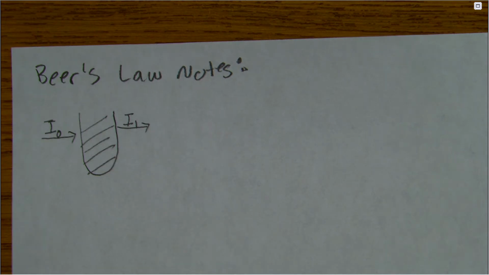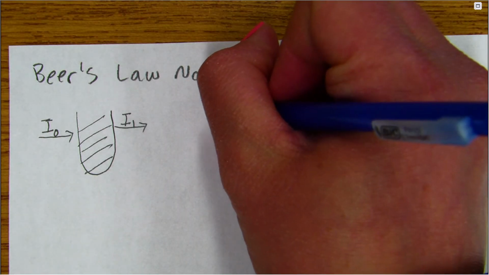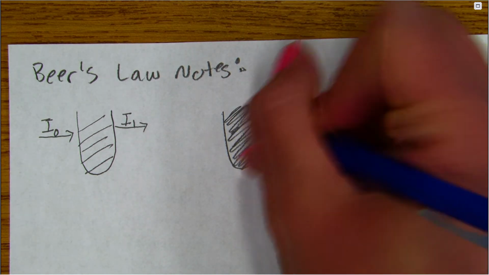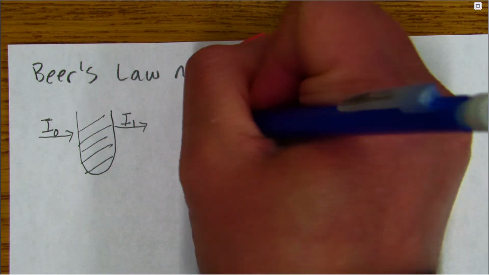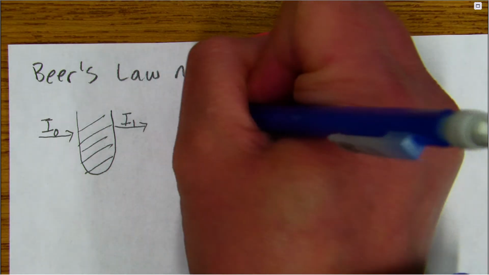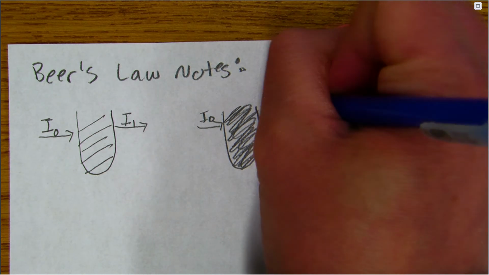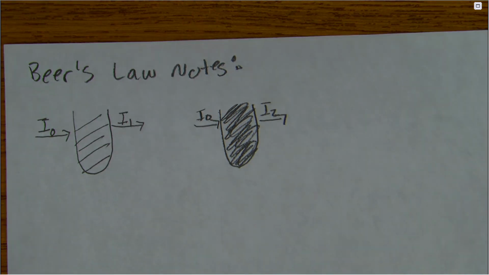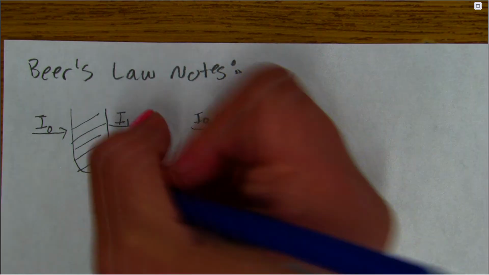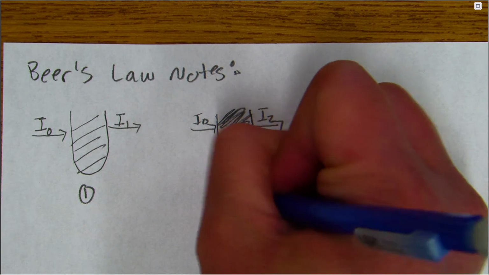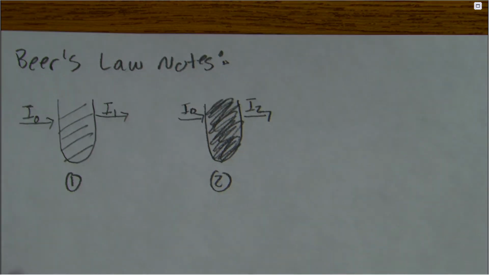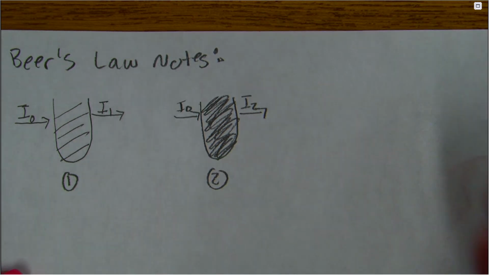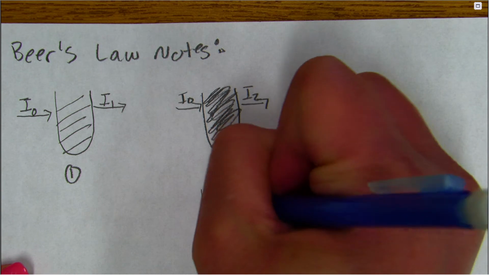But let's say I have a cuvette with a much darker solution. So here is my incident wave coming in and leaving. Let's compare cuvette 1 to cuvette 2. This is a darker solution, so it has a higher concentration.